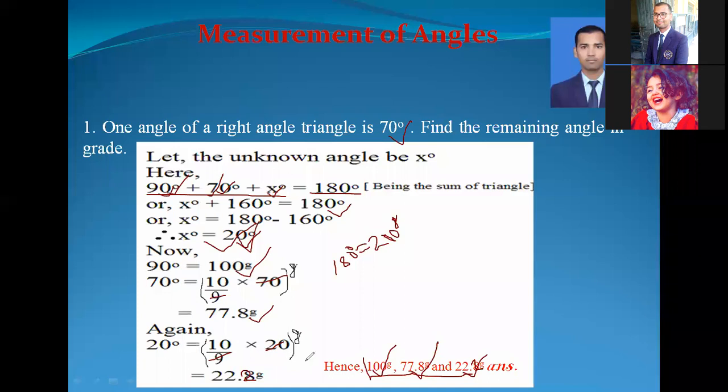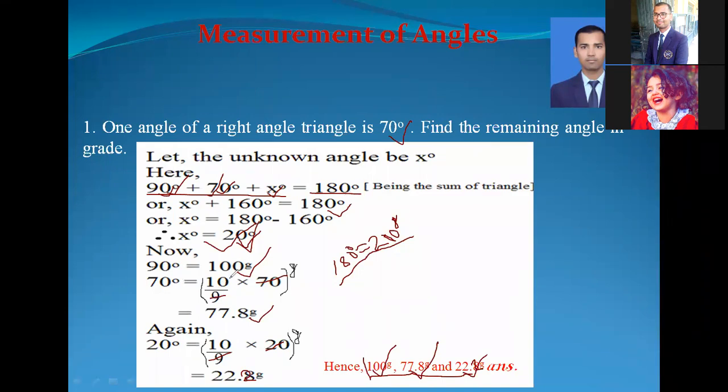After adding all these, we got 200 grades. So we found that 180 degree is equal to 200 grade, which means our solution is right. That's why in this way we can find the angles in grade.